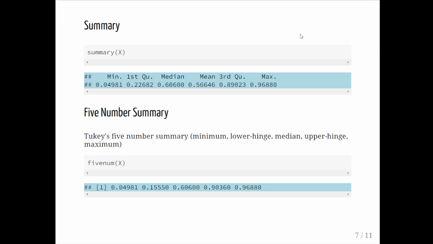Another interesting one actually is Tukey's 5-number summary, which is the minimum, the lower hinge, the median, the upper hinge, and the maximum. This is slightly different. The lower hinge is essentially based on the interquartile range, but it is Q1 minus 1.5 times the interquartile range.